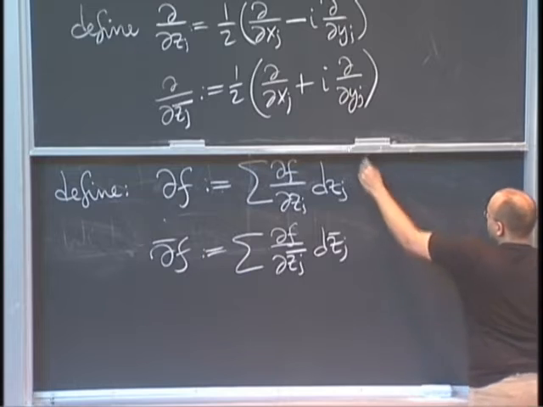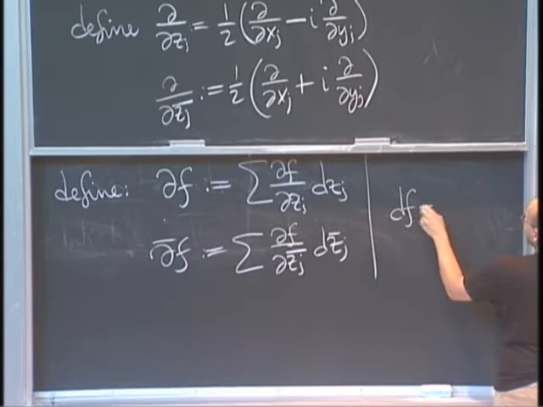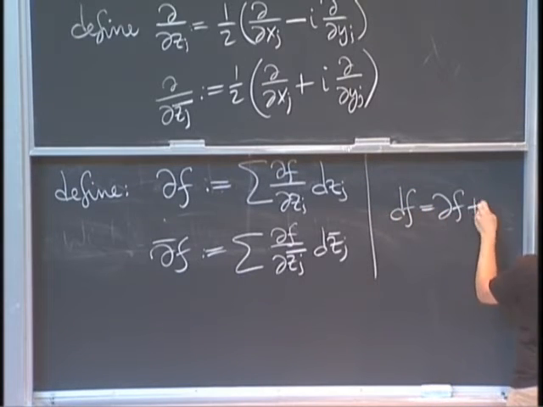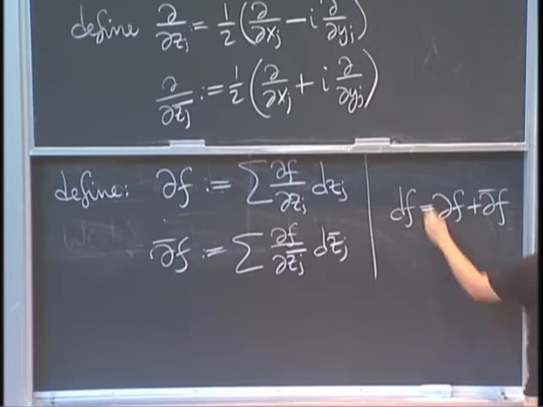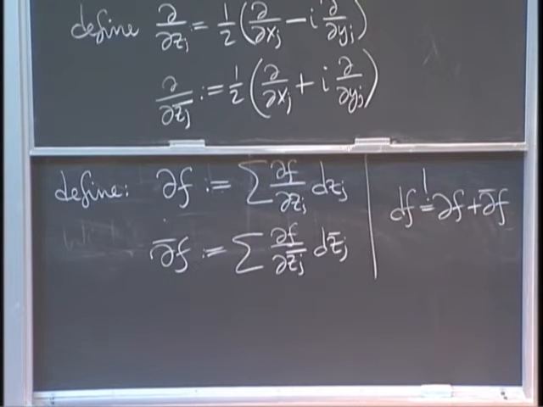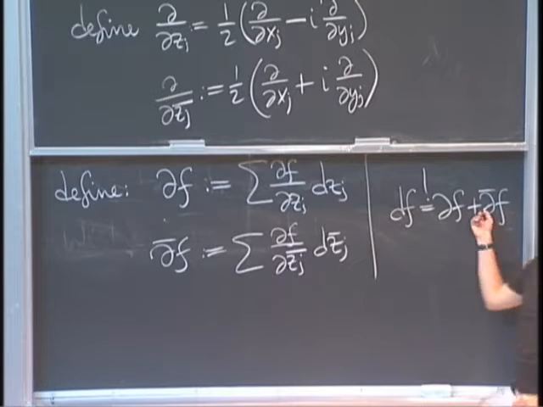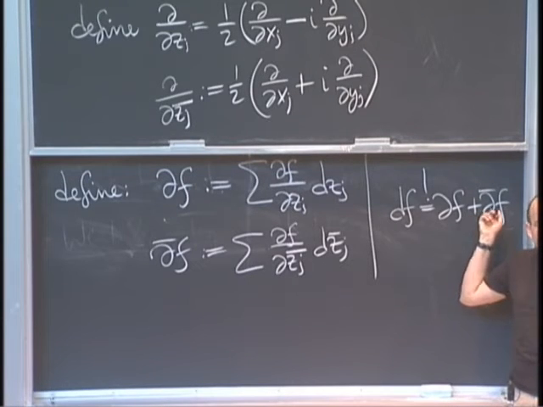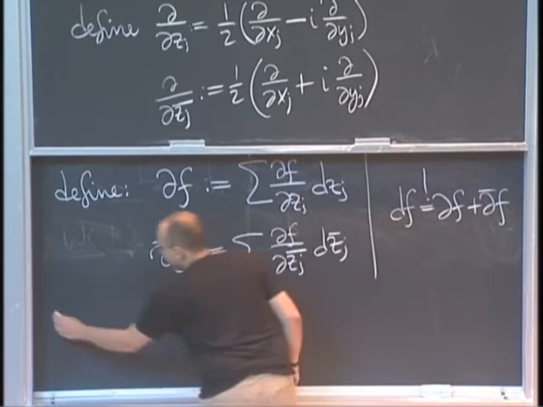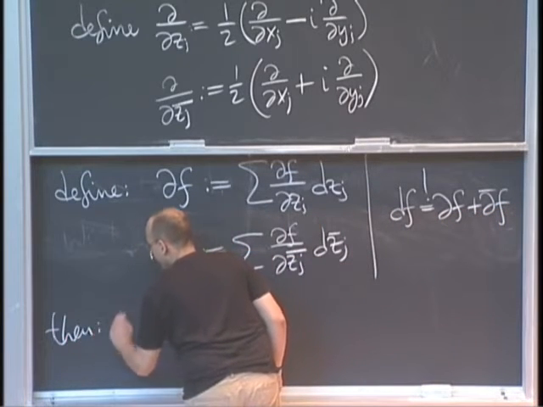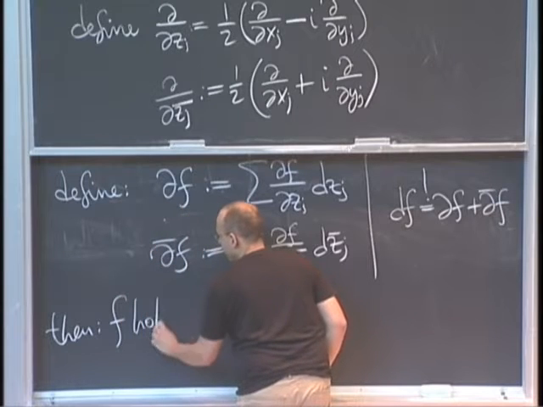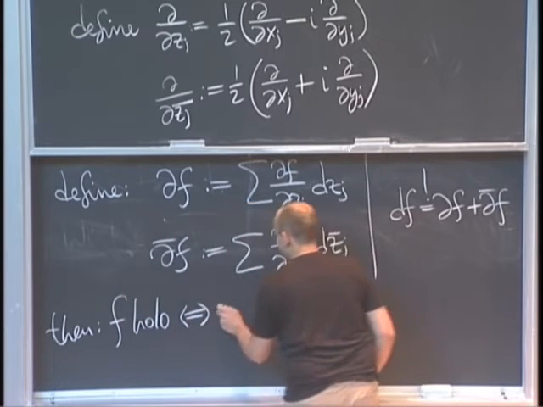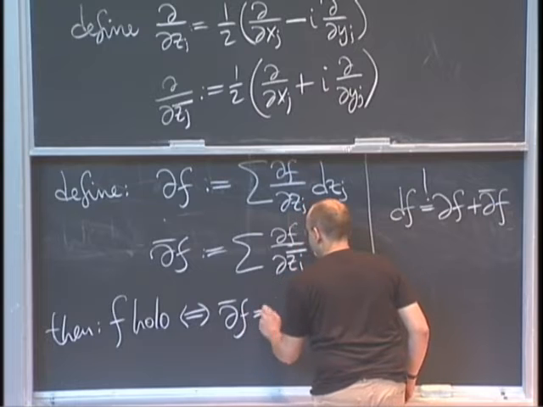And then it's going to be true that df has been decomposed like this. It's something you need to check. And the function being holomorphic is then precisely equivalent to the condition that this part here, the del bar part, vanishes. So f is holomorphic if and only if del bar f is equal to 0.